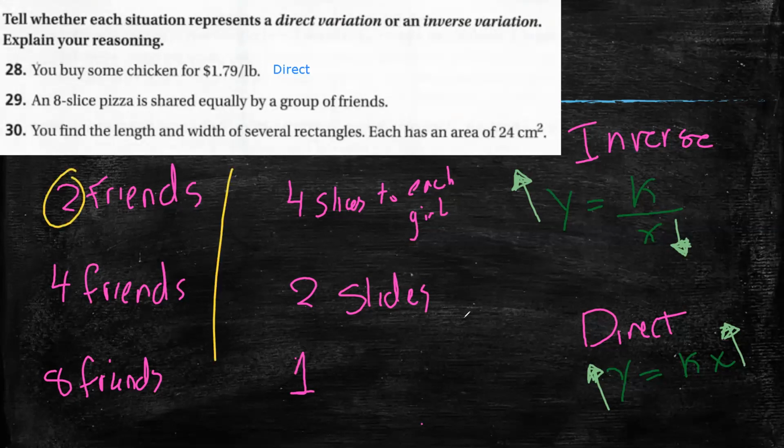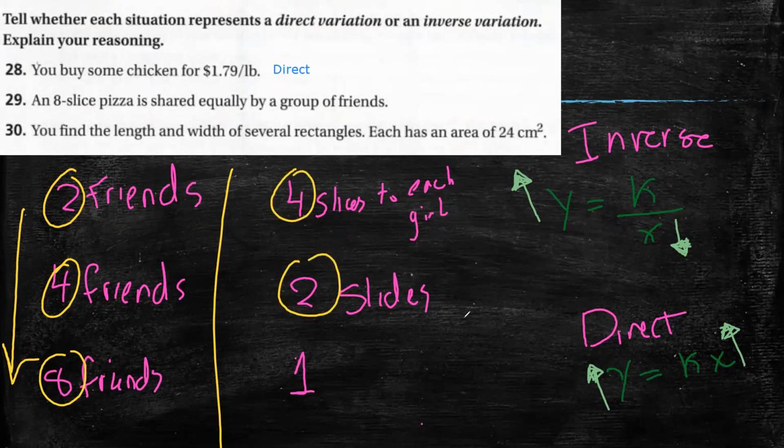Now, look at the values here: 2, 4, 8. 2 comes as 4, it comes as 8. Is it increased or decreased? Increase. Now, the second one here. It was 4, then 2, then 1. Is it increase or decrease? Decrease.